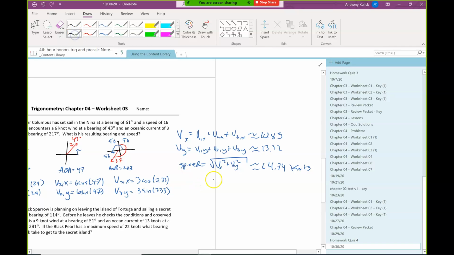And then our direction, we're 20 over and 13 up, so we're in the first quadrant. So we're looking for this bearing. This is our phi, so our bearing is going to be 90 minus phi.